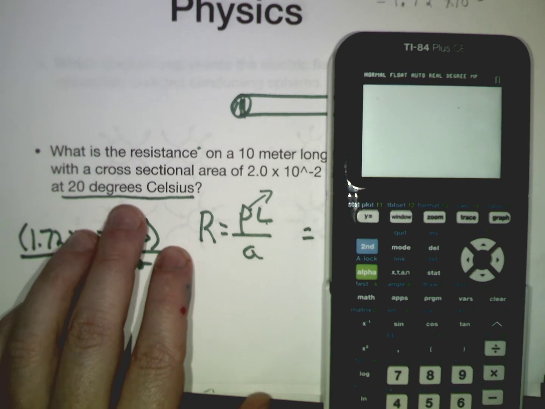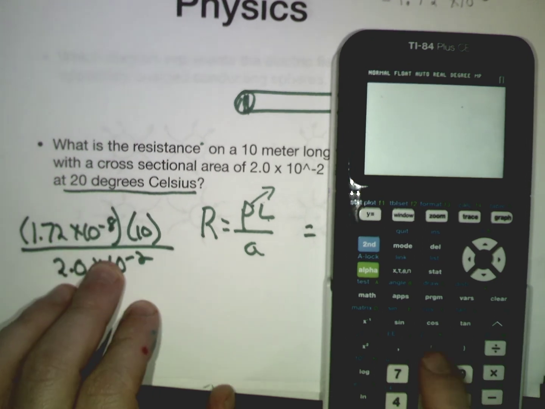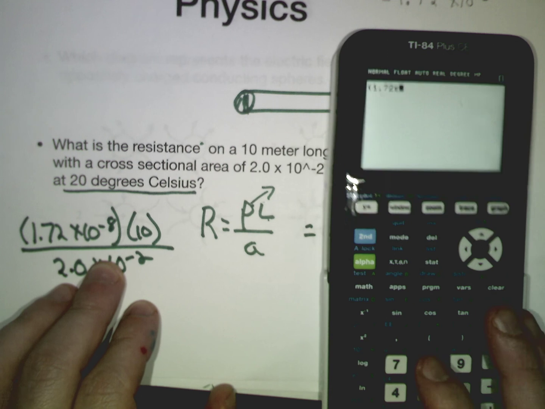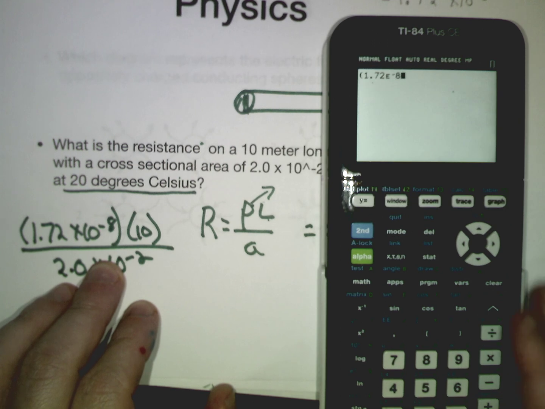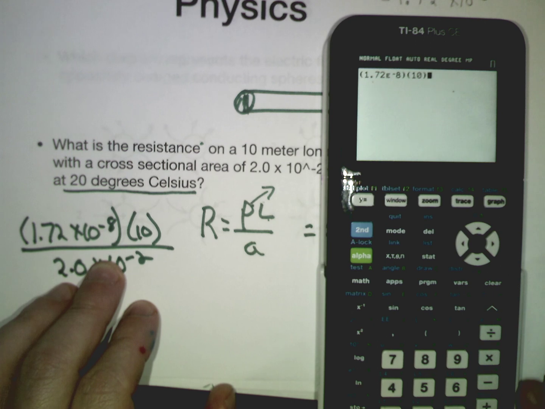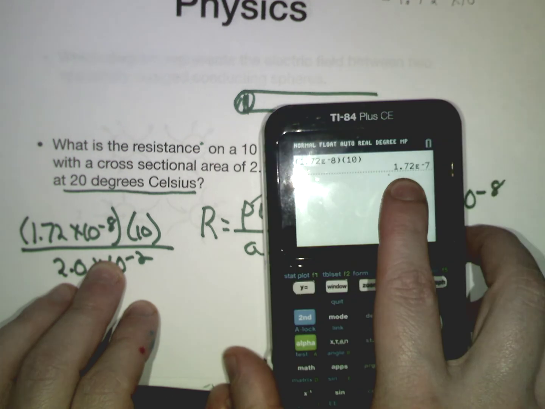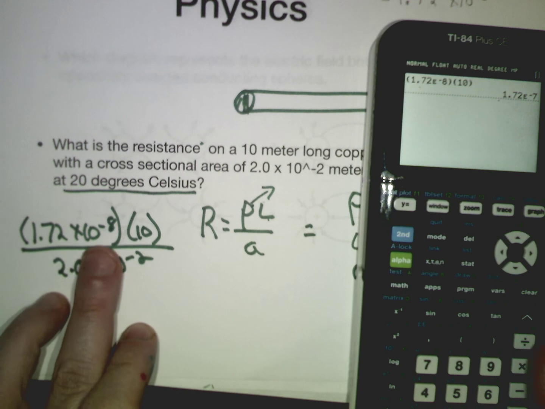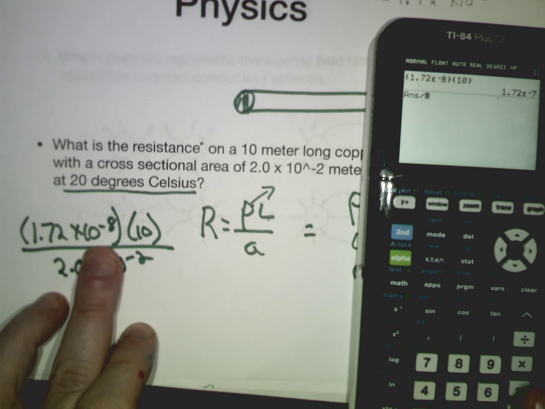So I put in 1.72 times 10 to the negative 8, times 10, and I get 1.72 times 10 to the negative 7. Now I'm going to divide it.